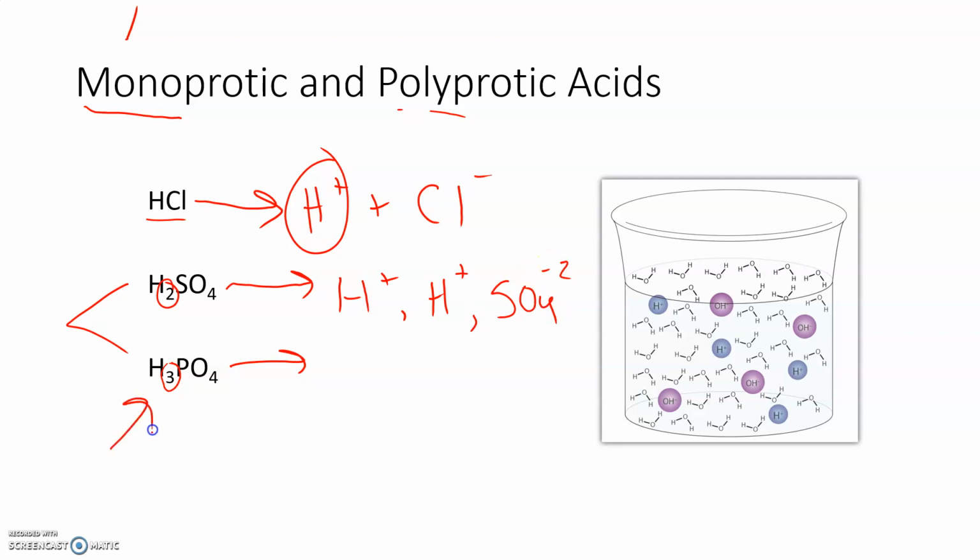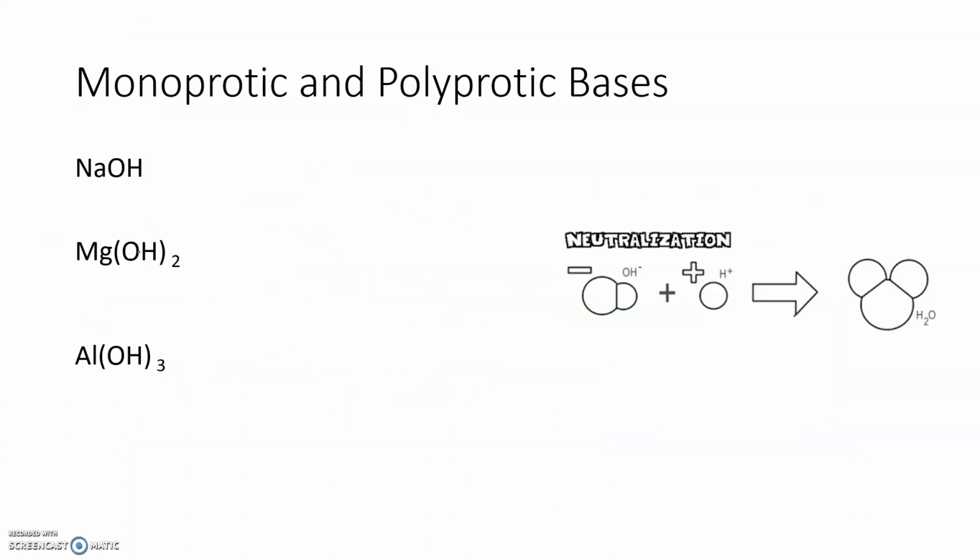This one down here, H3PO4, which is phosphoric acid, is also polyprotic because it produces 3 hydrogen ions in solution. So for polyprotic, look for acids with more than one H. For monoprotic, look for something like this, where there's only one hydrogen in the acid's formula.